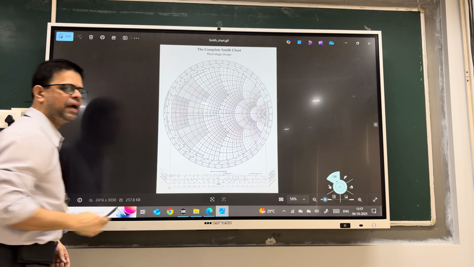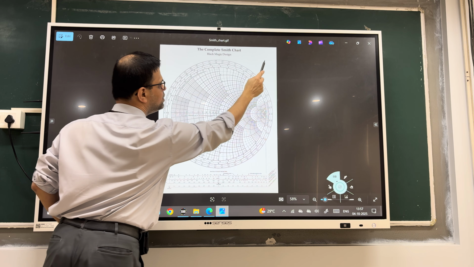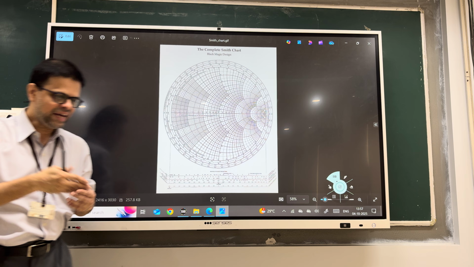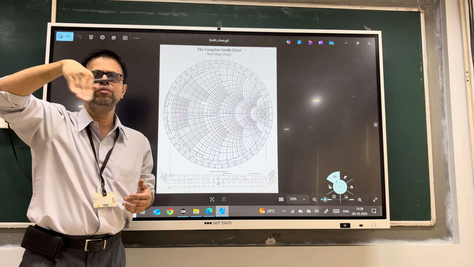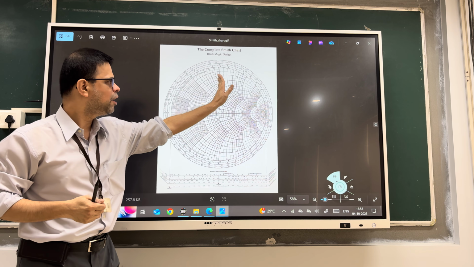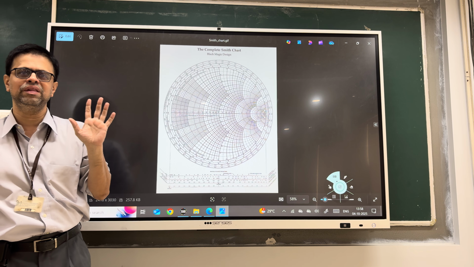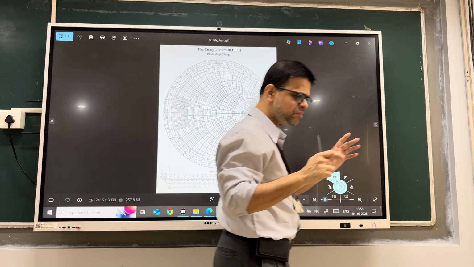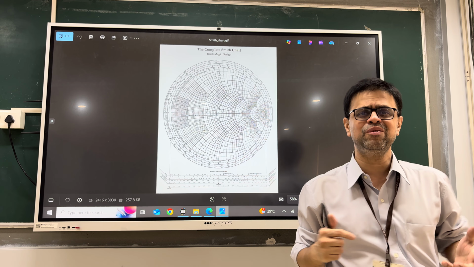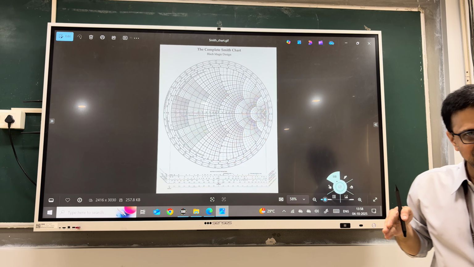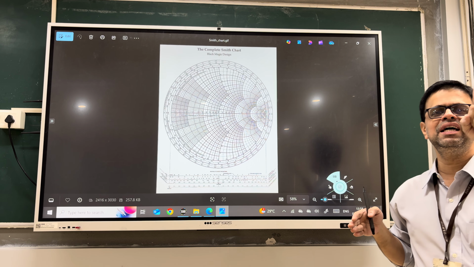This is the gamma I axis. So the center of this circle will reside somewhere here, and then that circle needs to be drawn for the area lying under mod gamma less than 1. So remember, the reflection coefficient has to be less than 1. So we are going to consider the locus of that circle lying inside mod gamma less than 1.